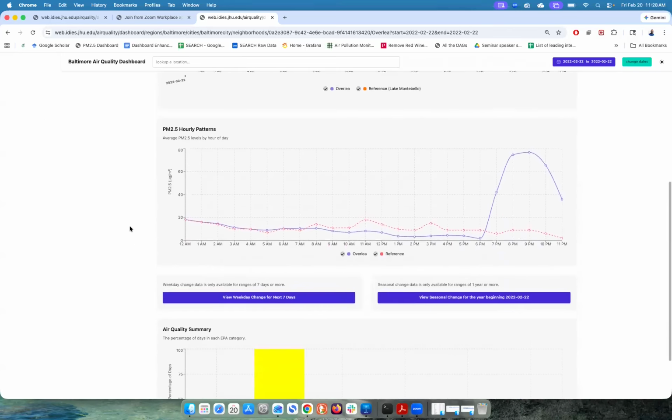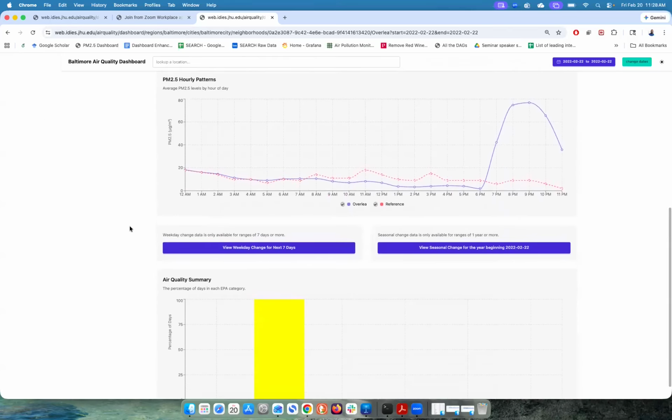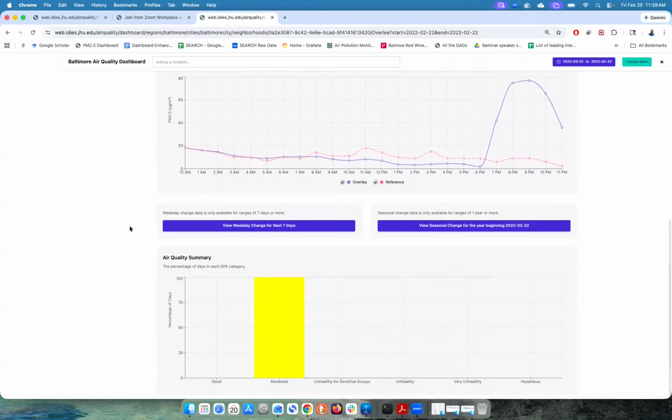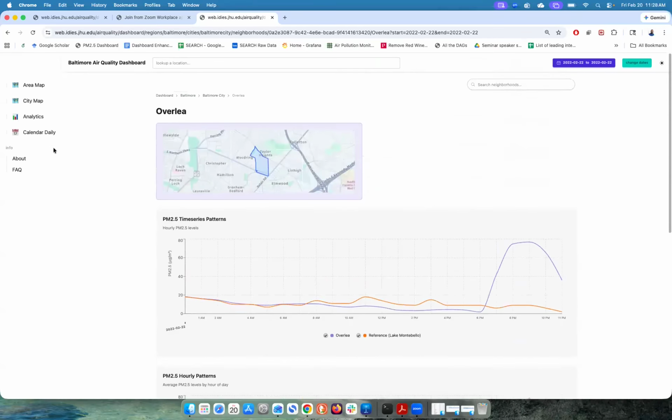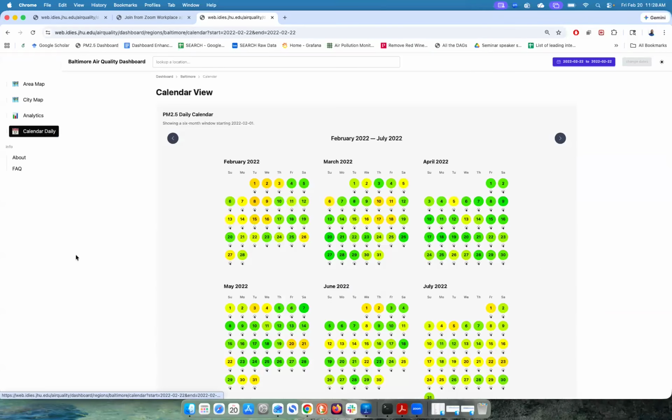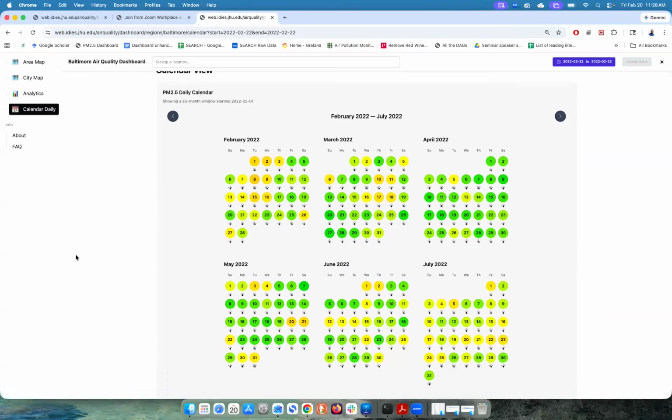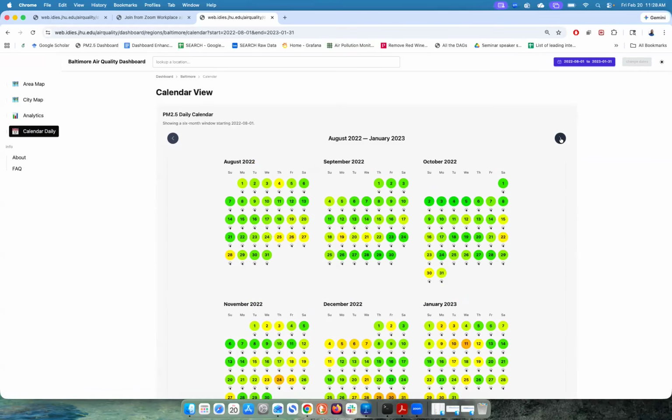There are also hour-of-the-day maps, day-of-the-week maps, and then overall air quality index histograms. And if you go to the calendar, you get a calendar showing what the air quality was on different days of the year.